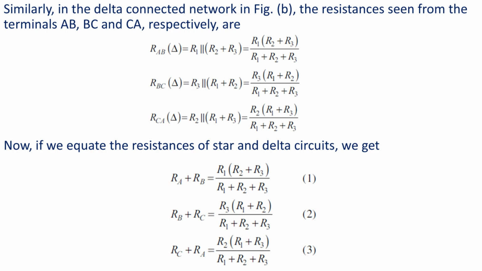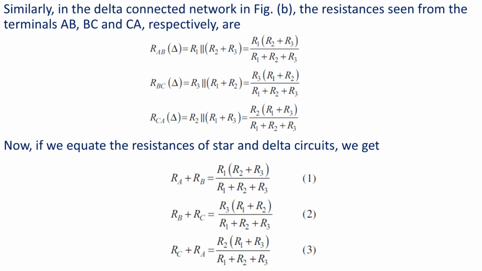RCA in delta is equal to R2 parallel to R1 plus R3, which is R2 into R1 plus R3 by R1 plus R2 plus R3. We evaluate the resistance between star and delta circuits.